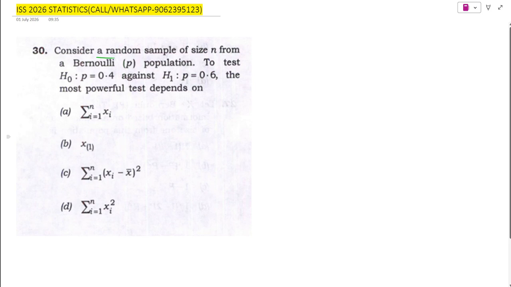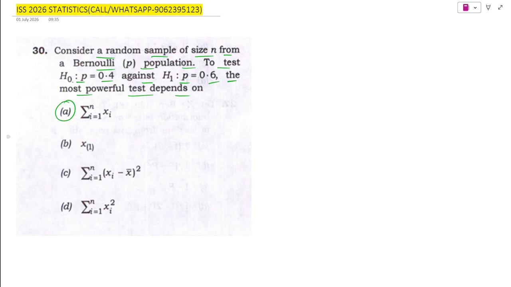Consider a random sample of size n from a Bernoulli(p) population to test H0: p = 0.4 against H1, and the most powerful test depends on what? And there are four options.